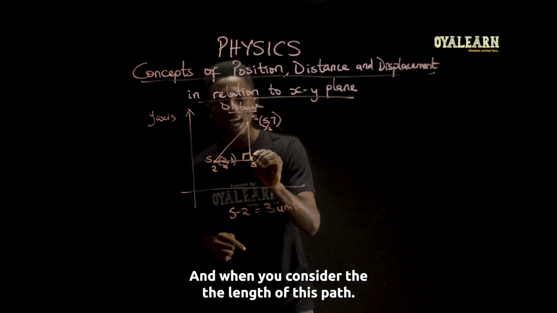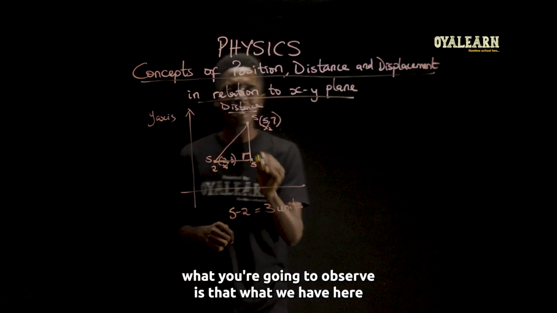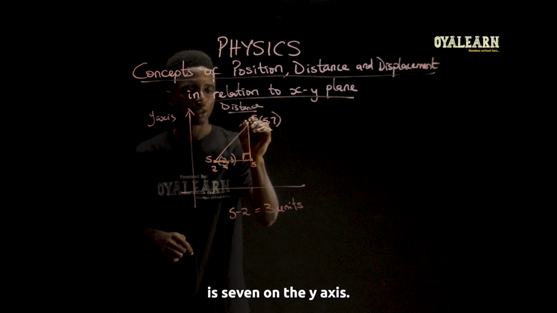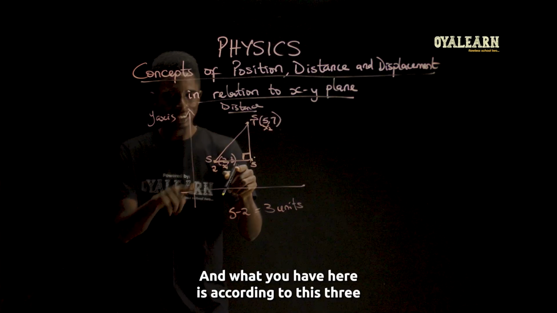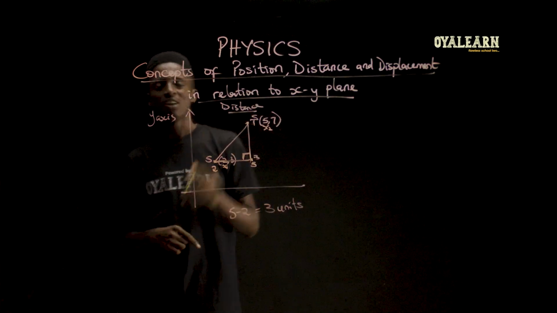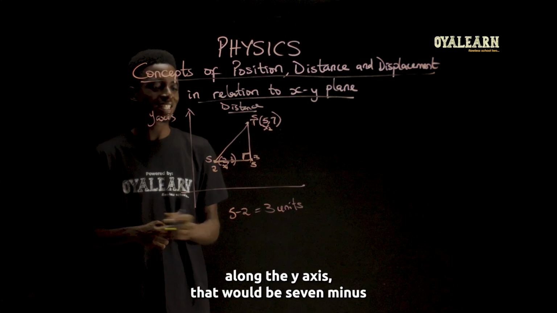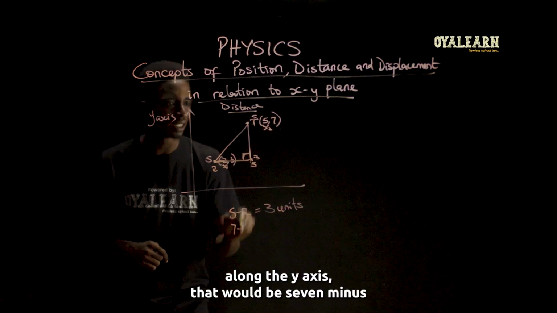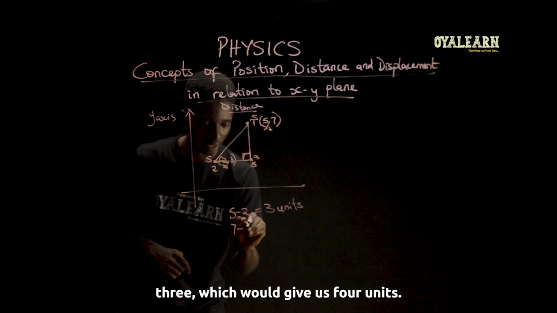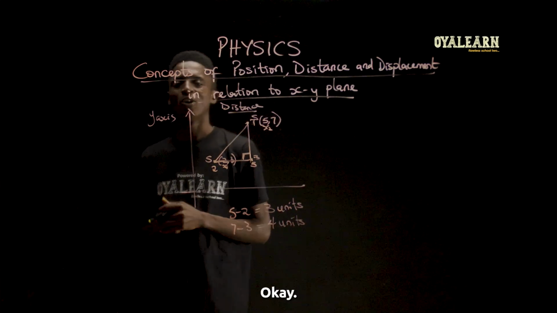And when you consider the length of this part here now, what you're going to observe is that what we have here is 7 on the y-axis, and what you have here is, according to this, 3 on the y-axis. And to get the distance that it has traveled along the y-axis there, that would be 7 minus 3, which will give us 4 units. Okay?